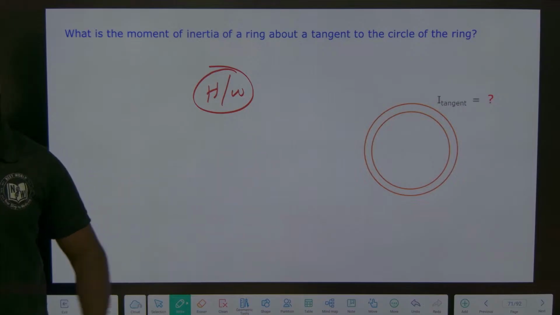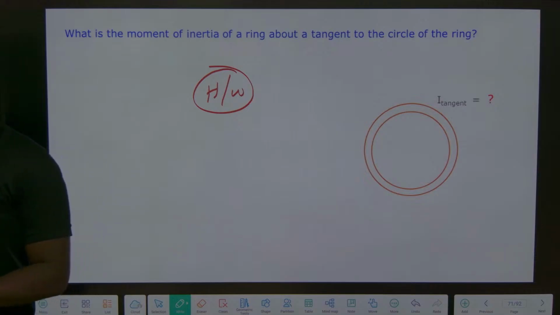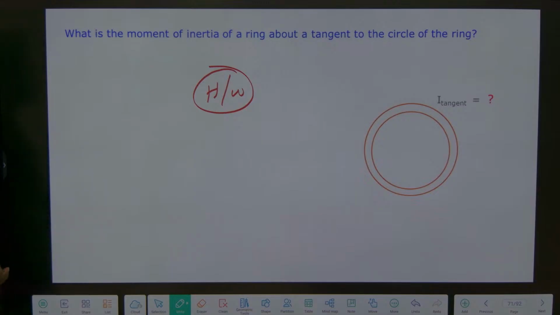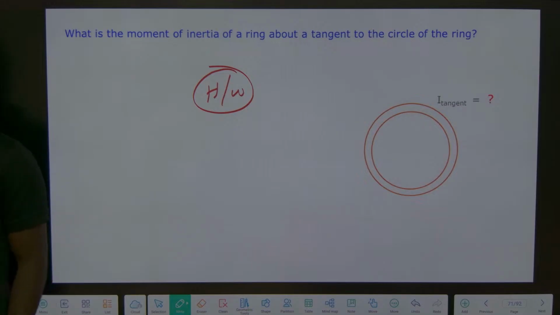Get the answer of this question. Abdul Rahman, you have taken the question, so by next class try to complete it, and we'll check the answer in the next class, okay?